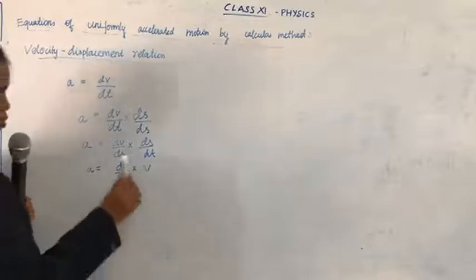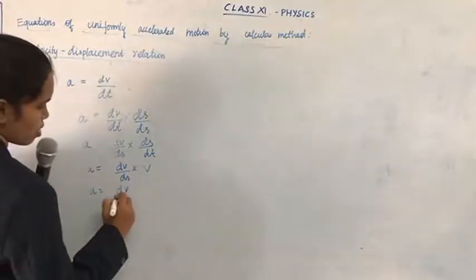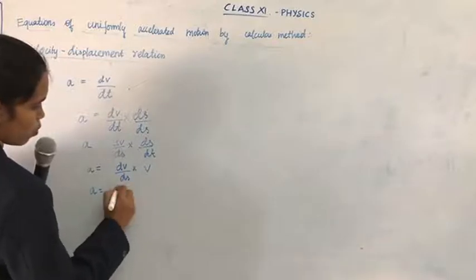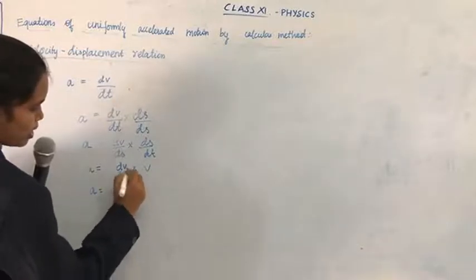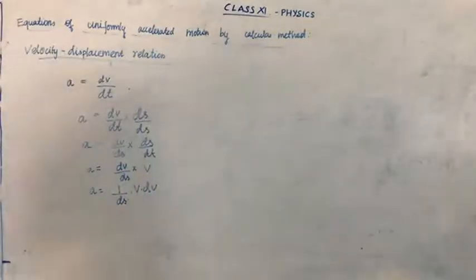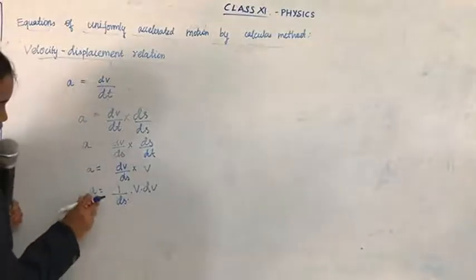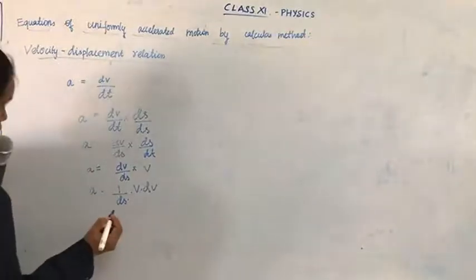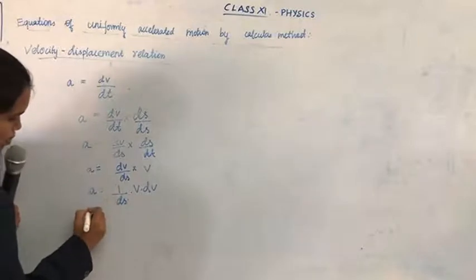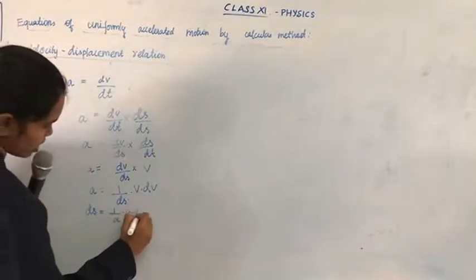Now a equals dv by ds into v, that is, v dv by ds. Now you apply the integration. The constant acceleration will come here. So ds equals 1 by a into v dv.